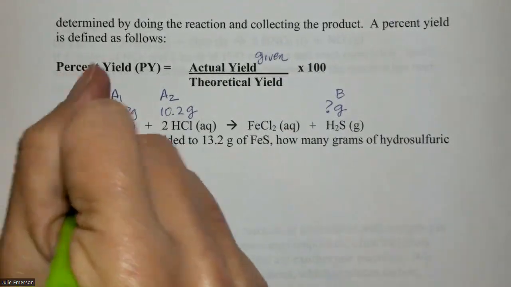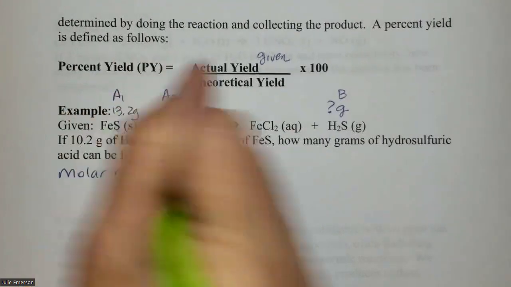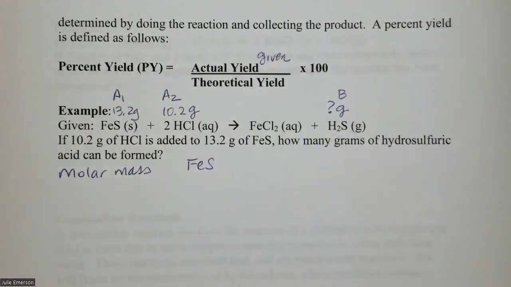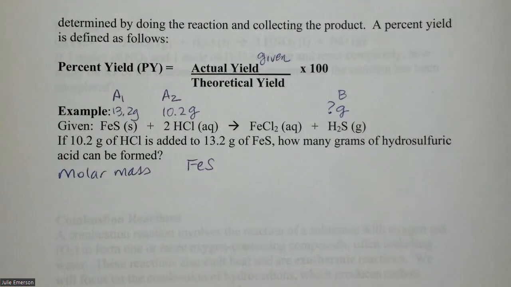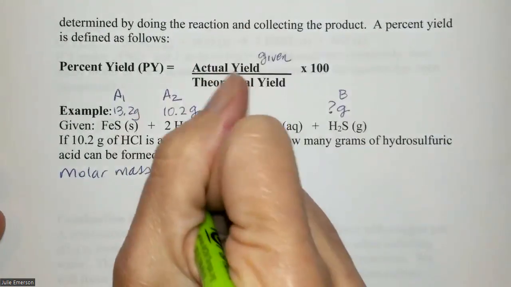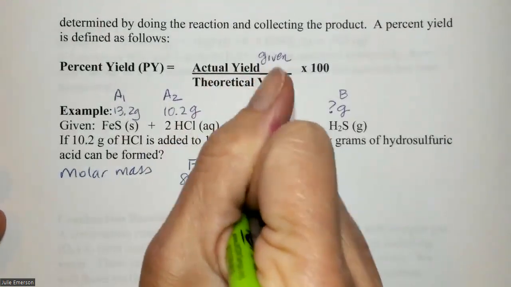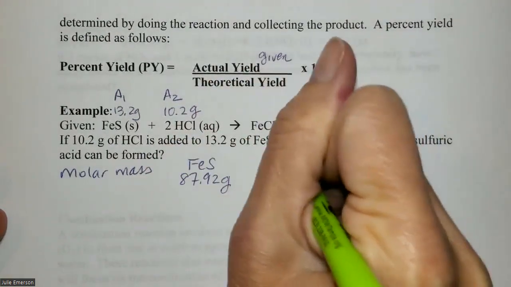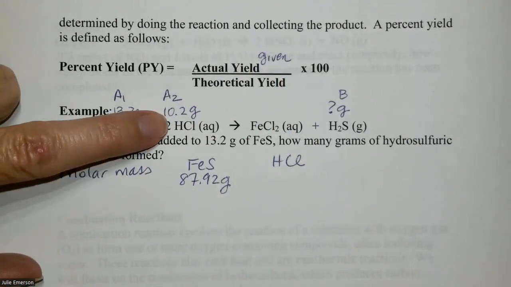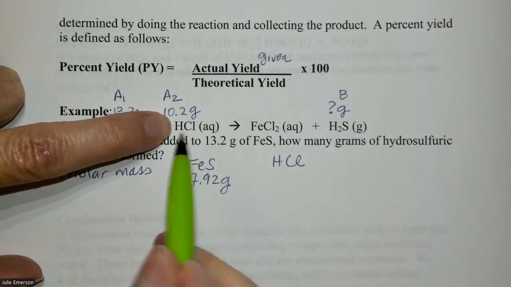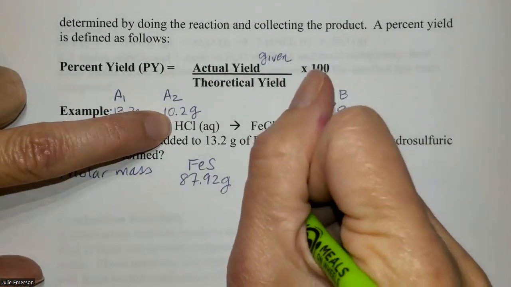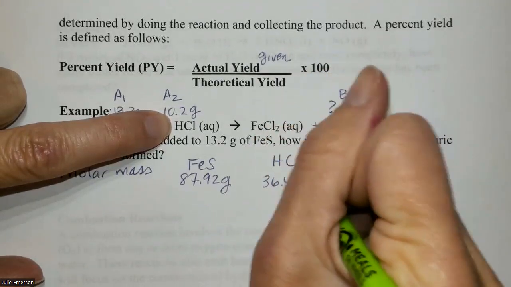Okay, so molar mass. First, the FeS. I'm going to take 55.85 for iron, 32.07 for sulfur, and I get 87.92 grams. For the HCl, remember, just one of those, 35.45 plus 1.01, so 36.46.